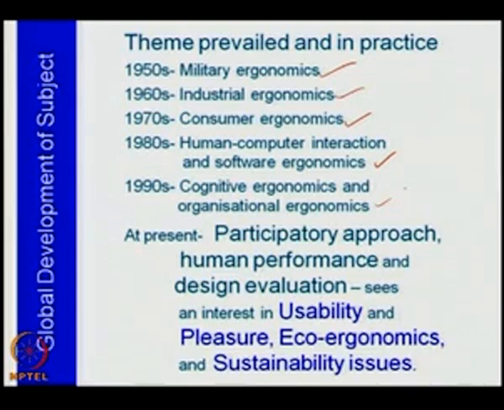At present, based on all the earlier experiments and findings, now the participatory approach, human performance and design evaluation, an interest in usability and pleasure, eco-ergonomics and sustainability issues have come up.